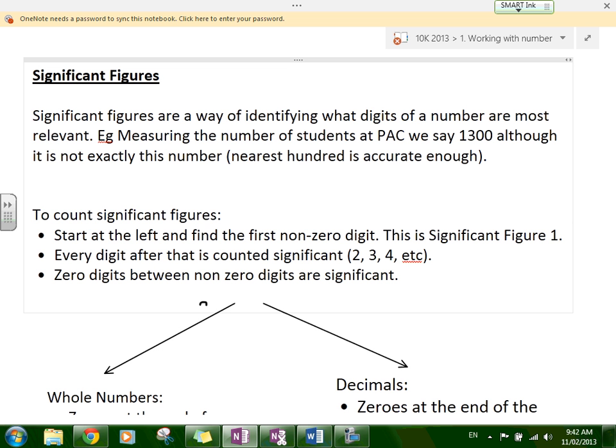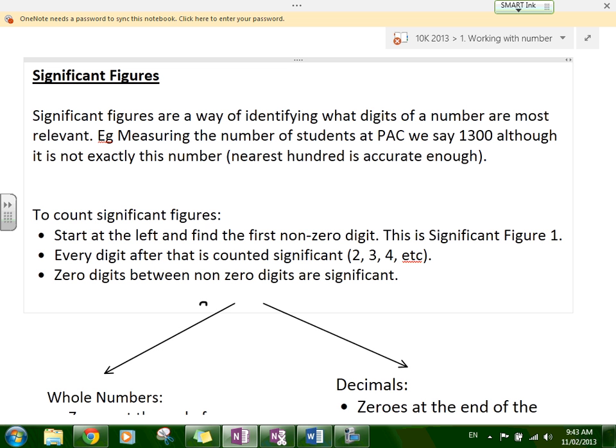Okay, 1,270, whatever it is. But we don't really care about those details. All we want to know about the population of the school is approximately how many people there are. So to the nearest 100 is a useful estimate. So we say, well, 1,300 is a useful number to have. It's not exactly 1,300, but it's a good estimate for our purpose.